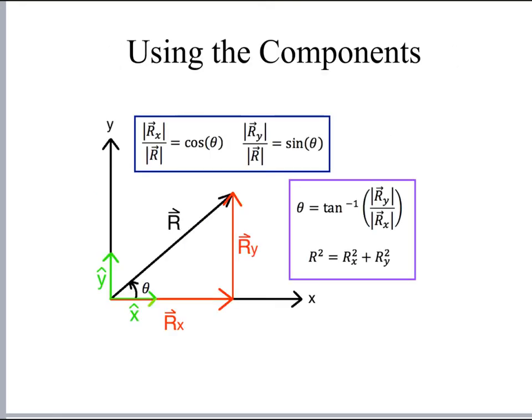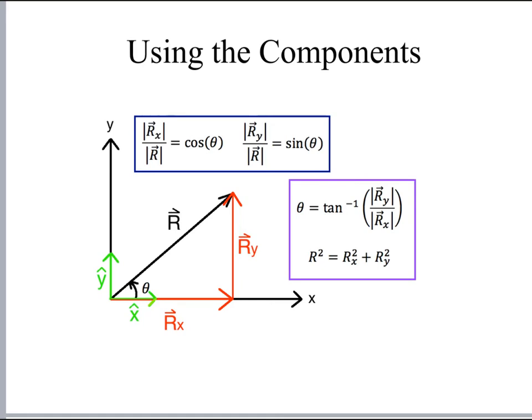In this slide, there's a summary of all these relationships. Now, we have picked a way of writing them out that's going to be very useful for us. The first thing that we can note is that with this triangle, and we're dealing with theta again, so theta is the angle that the vector makes with the positive x-axis, and we can say that the magnitude of r sub x, that's going to be the adjacent side, divided by the magnitude of r, that's the hypotenuse, adjacent over hypotenuse, that is the cosine of theta.